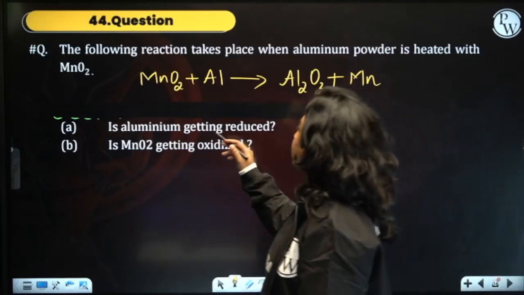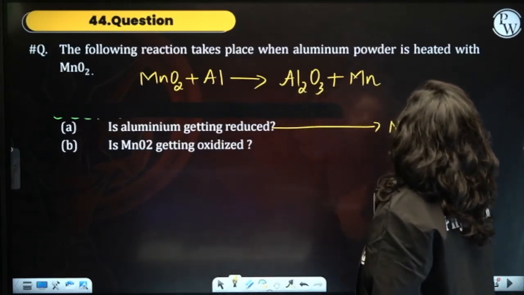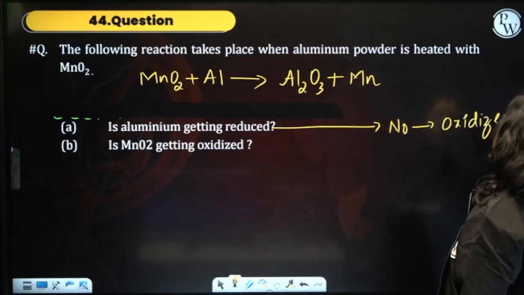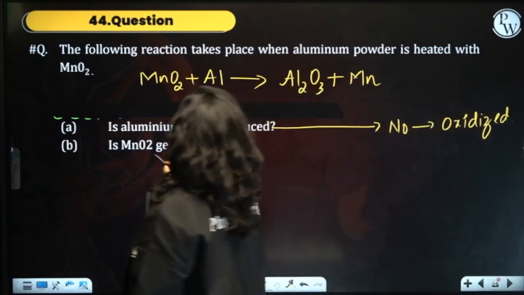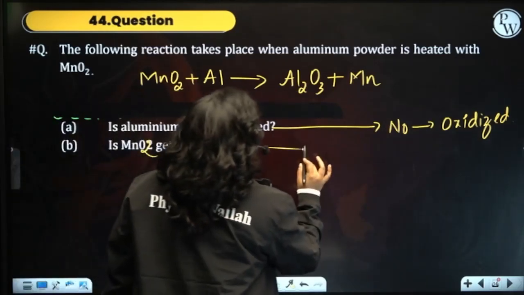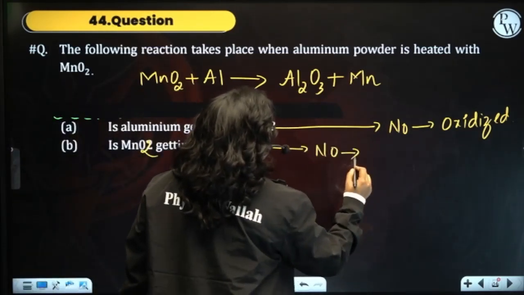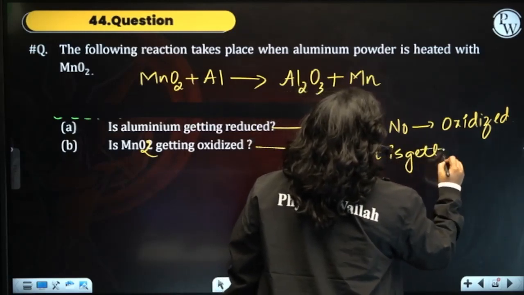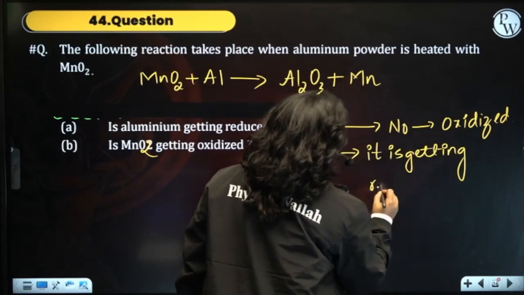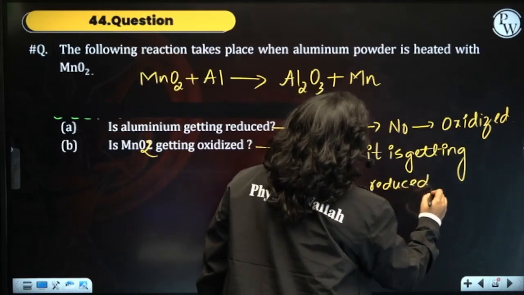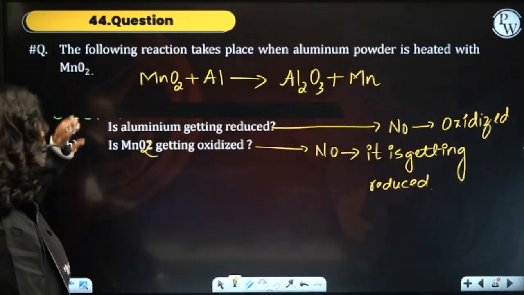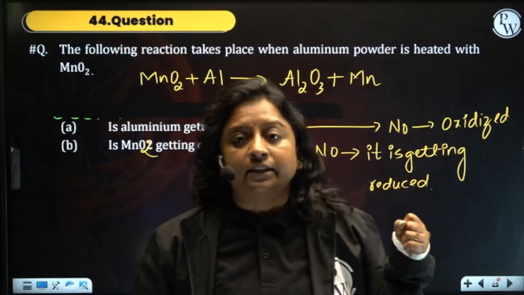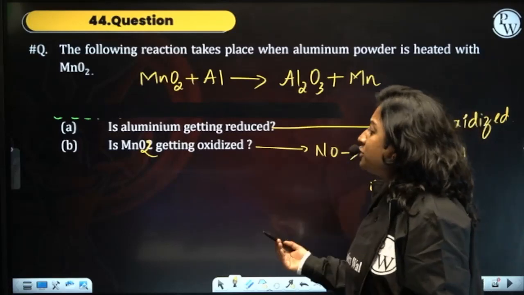Is aluminium getting reduced? No, aluminium is oxidized. Is MnO2 getting oxidized? No, it is getting reduced. First of all, MnO2 already has oxygen and it is losing oxygen.